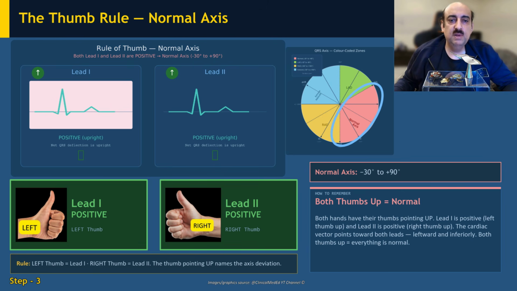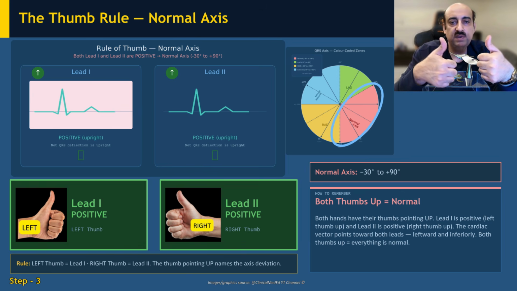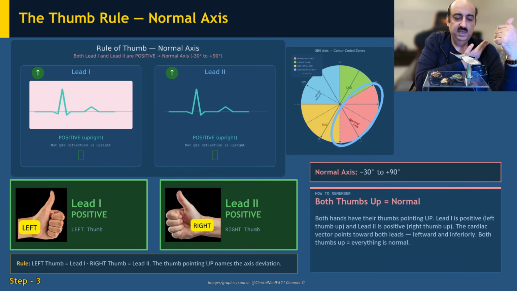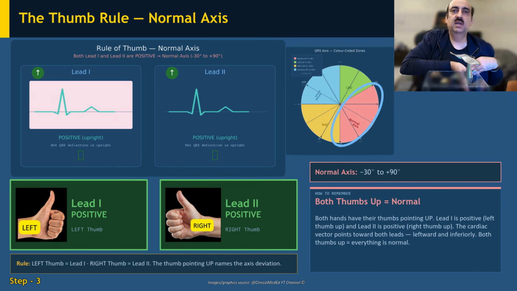So let's look at the normal axis. As we said before, lead 1 in the ECG reflects the left thumb, lead 2 reflects the right thumb. So if both lead 1 and lead 2 are predominantly upright, more than 50% of the voltage above the isoelectric line, it's a normal axis, which we discussed before in the cardiac vector, from minus 30 to plus 90 degrees.